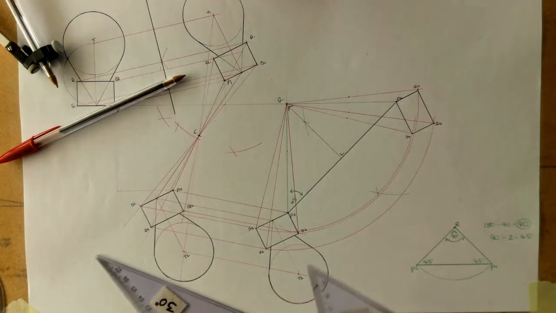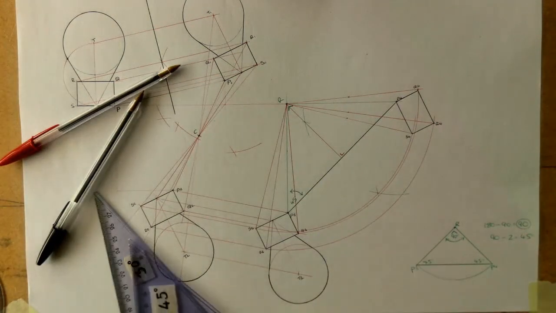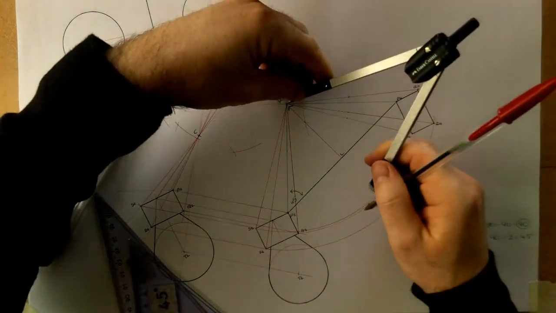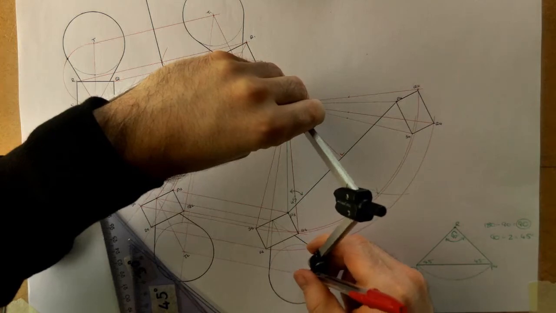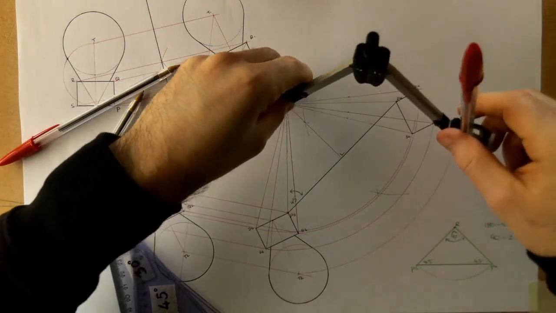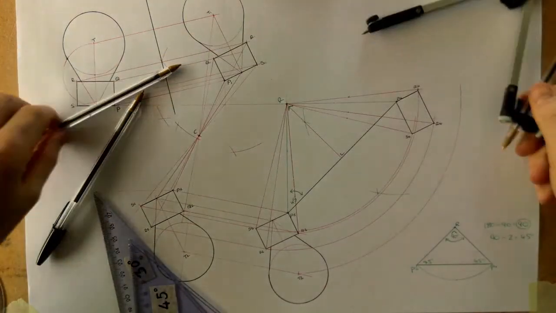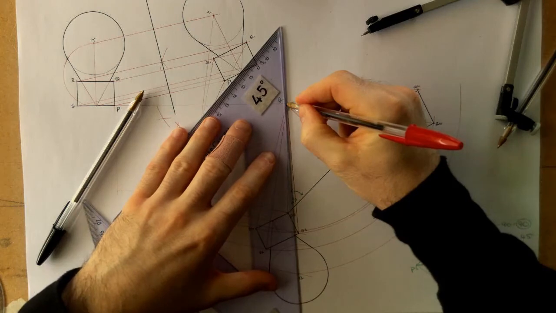So there we go. And at this point now, I have to find one more, which is my T4, T3, which is going to come up to T4. So T4 is going to be somewhere up there, I'd imagine. Okay, and connect that up to T4.